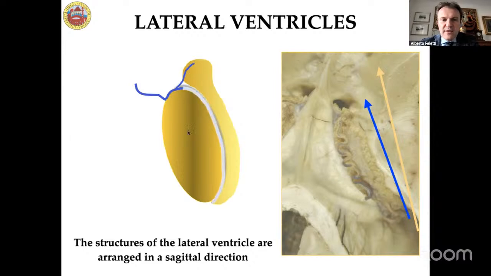We know that the thalamus is covered by a thin lamina, which is called the lamina affixa thalami. Actually, this explains the white color of the ependymal layer covering the thalamus compared to the other parts of the ventricle.